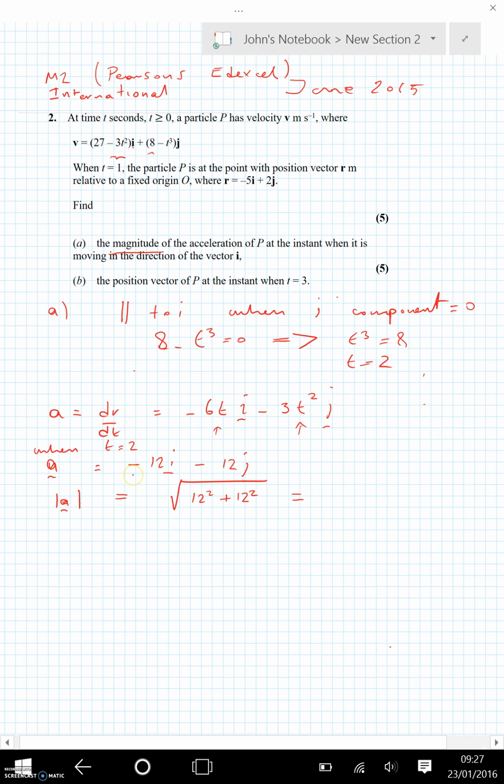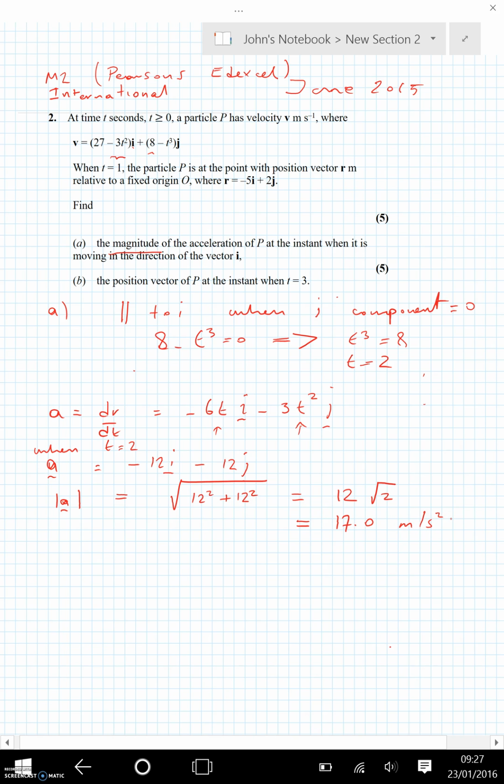It doesn't matter which direction the i's and j's are, so it's 12 squared plus 12 squared. Working with surds, it's pretty easy to see that that is going to be 12 root 2. That's actually acceptable in the mark scheme as an answer. If you want to be careful, work it out just to be safe and give 3 significant figures here.